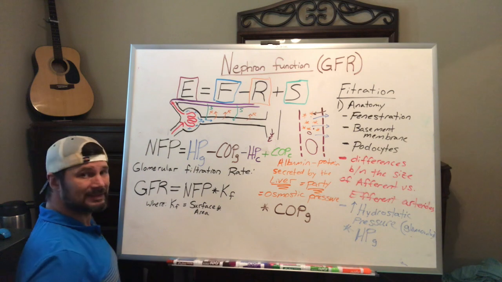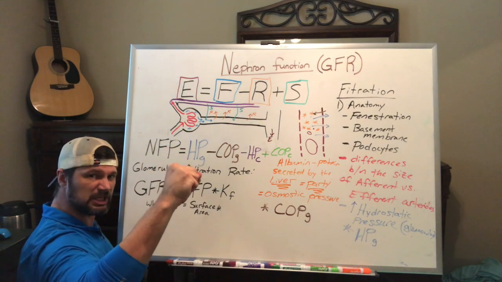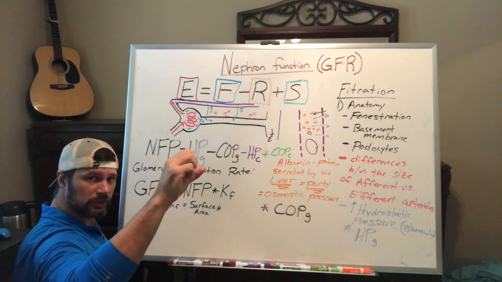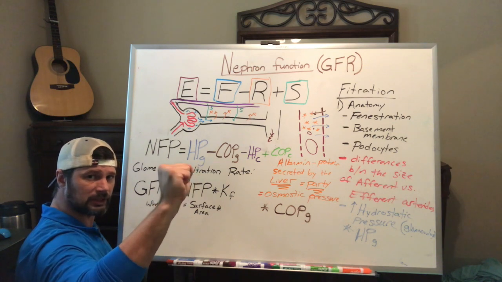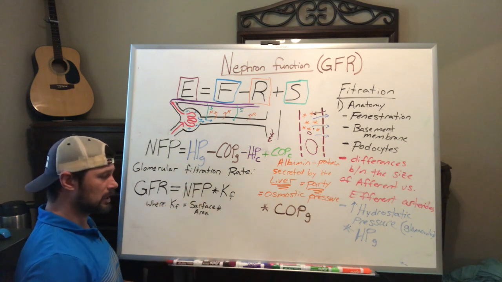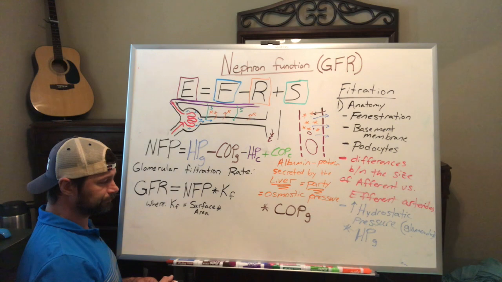Now take your hand and put it into a fist. What just happened to the surface area? We just closed off the amount of surface exposed to the world around us. Therefore, there's less area for filtration to occur across, thus decreasing that filtration coefficient.